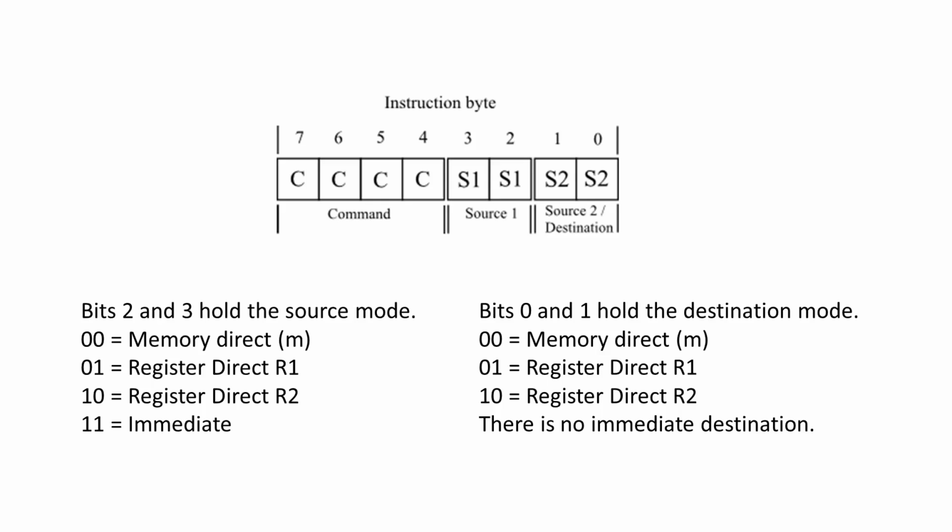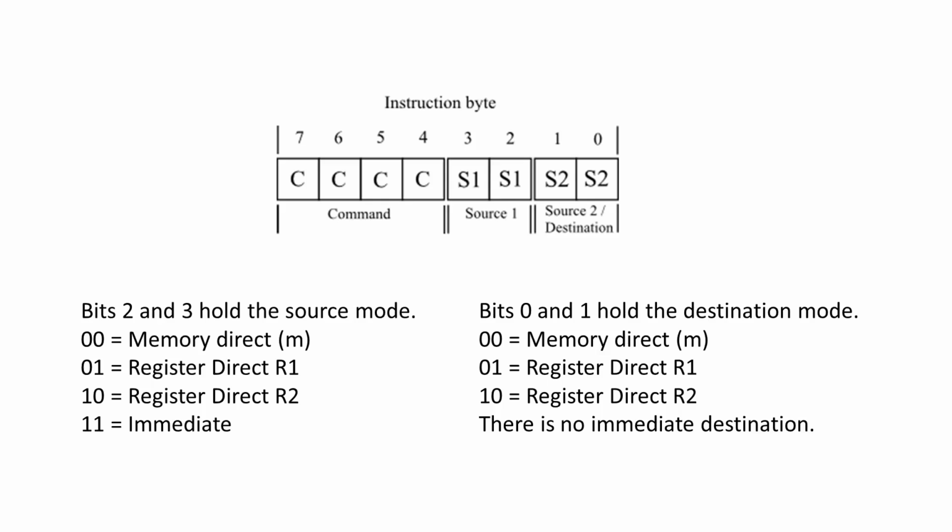So you'd move that byte into the memory register to actually collect the data byte. Or you could have register direct R1, which means you just get the data out of R1. And then there's register direct R2, which is just get the data out of R2. And then there's immediate mode. That means the data is embedded in the program and it's actually the next byte.